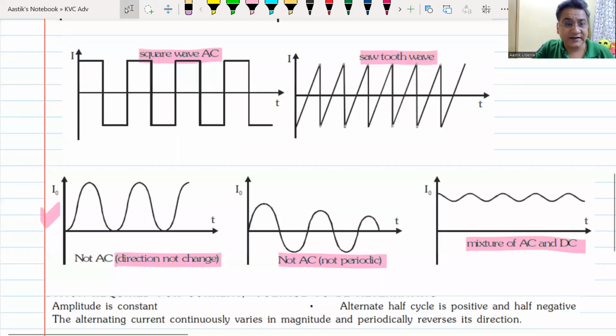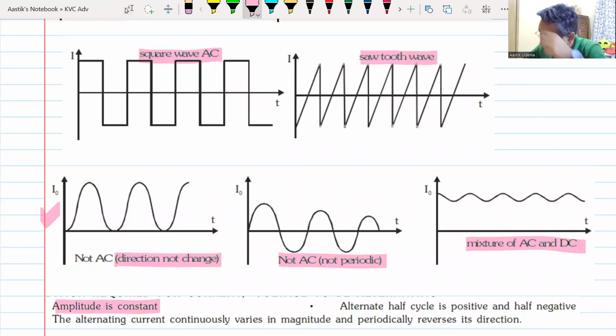The positive and the negative cycle must come periodically. Do we understand this? Amplitude should be constant, one cycle should be positive, other should be negative, and it must vary periodically. Do we understand this? Yes. Then that current or that voltage becomes alternating current or alternating voltage.